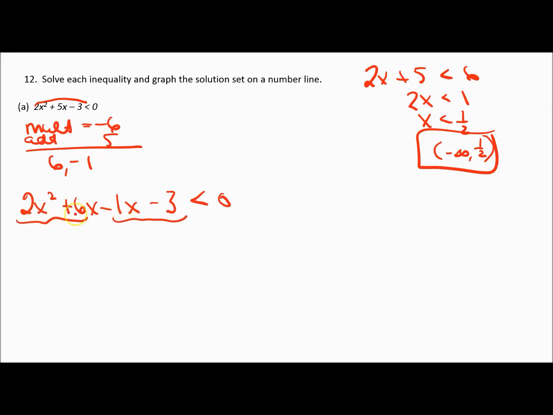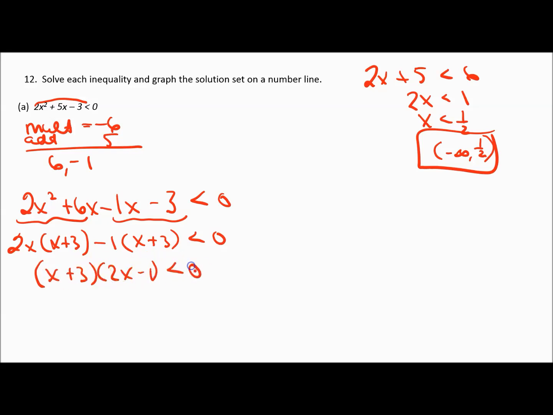I'm going to pull out the greatest common factor in the first two, which is 2x. That leaves x plus 3. I also have to pull out what's common to the last two and be left with x plus 3, so that's a minus 1. And you're left with x plus 3. Still less than 0. So the final step of factoring is to say, okay, the one that matches, which is x plus 3, times what's remaining out front, which is 2x minus 1, less than 0.